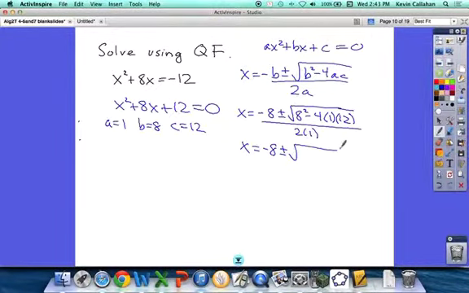Now what is this going to equal underneath the square root? 8 squared minus 4 times 2. What seems wrong there? Oh, 4 times 12. Sorry about that. 8 squared minus 4 times 12. 8 squared, 64 minus 48. I'll write it out. 64 minus 48 is 16, right?